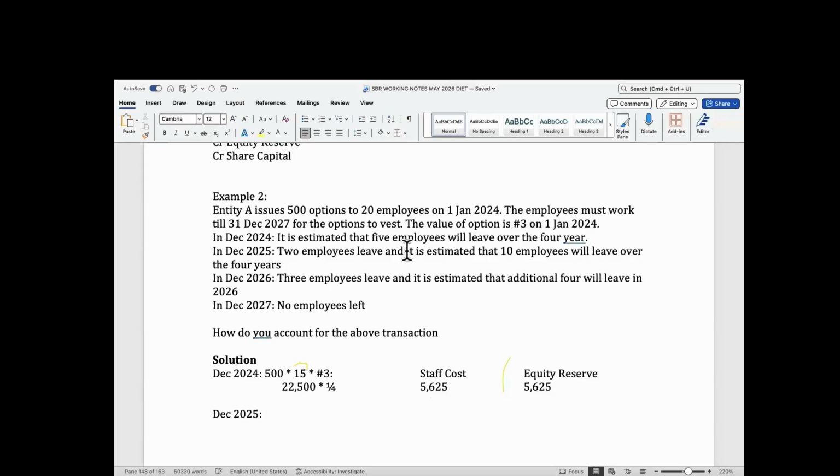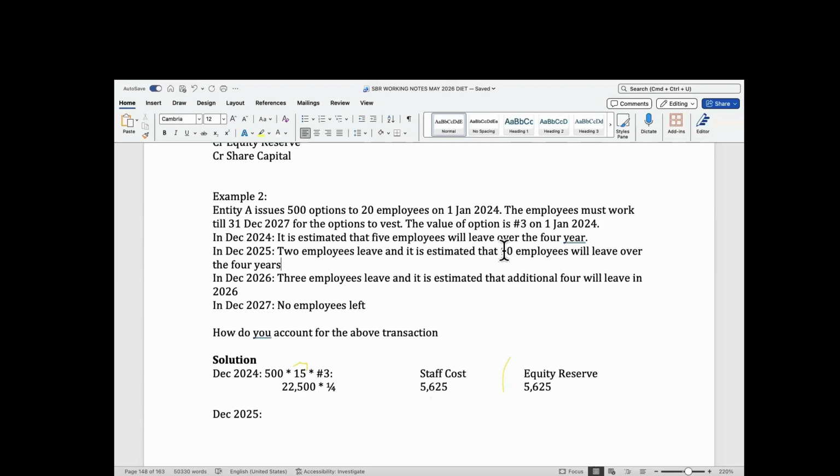Why? Because it depends on how it is structured anyway. They said, yes, 2 people have actually left at the end of this year. However, then I estimated that 10 employees will leave over the 4 years. Okay.